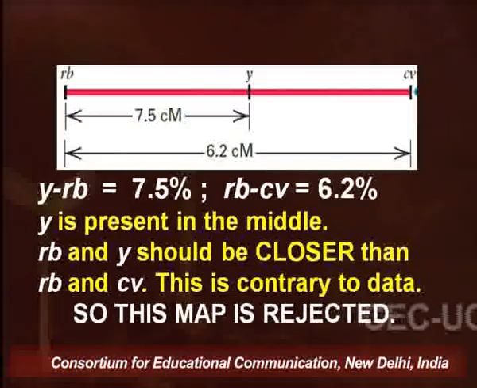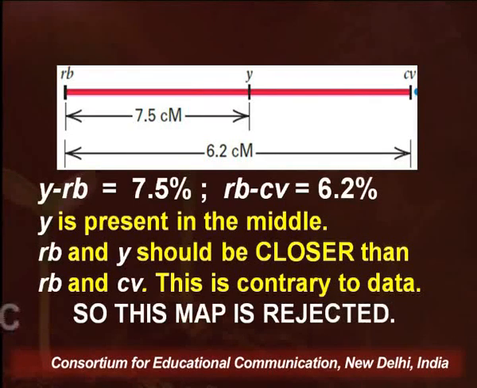Now, the question we are asking ourselves is, how are they located? When we talk of the location possibility, there are three possibilities, right? Whether Y is present in the middle, RB is present in the middle, or CV is located in the middle. Let us take the first case. We put Y in the middle. If Y is put in the middle, as you can see on your screens, RB and Y are 7.5 centimorgans.